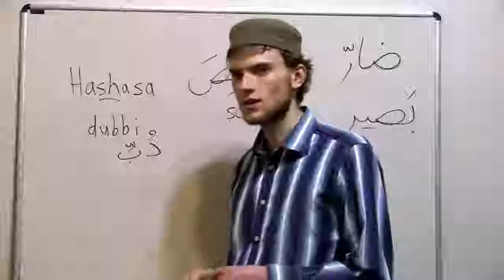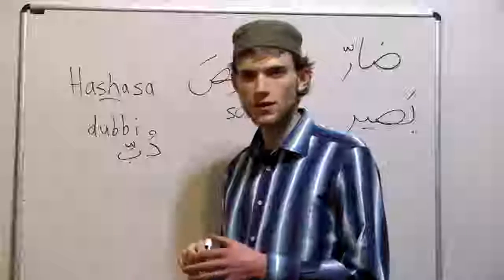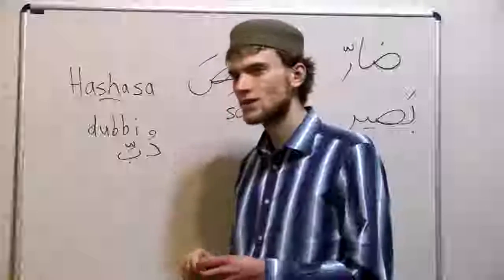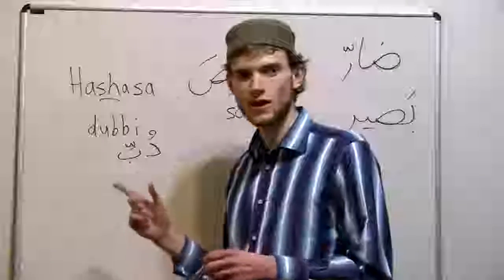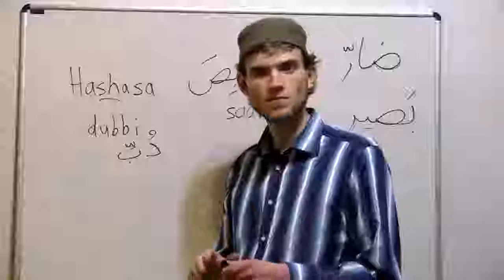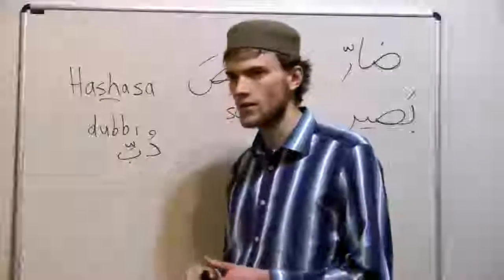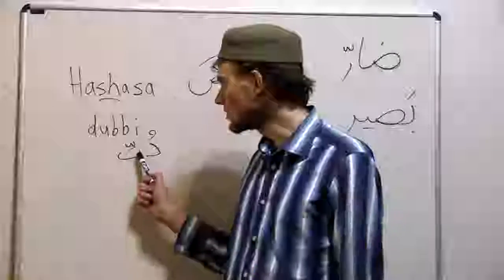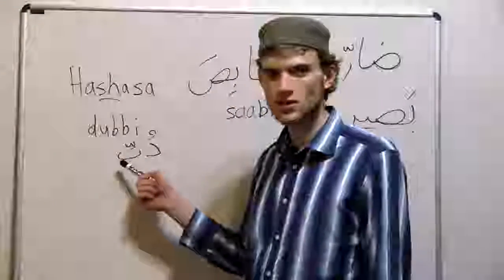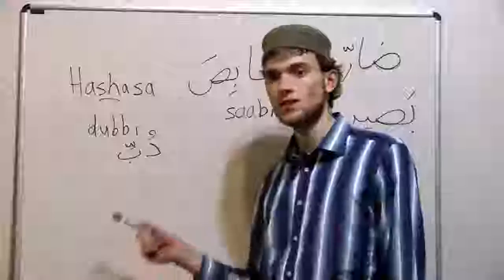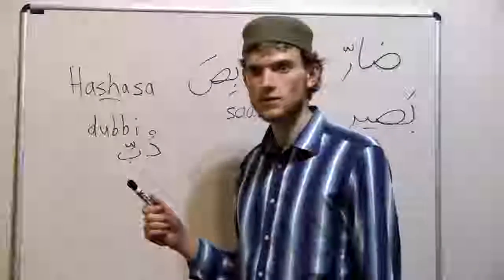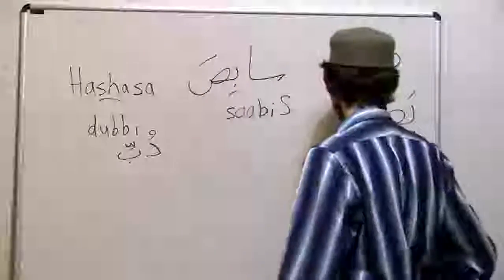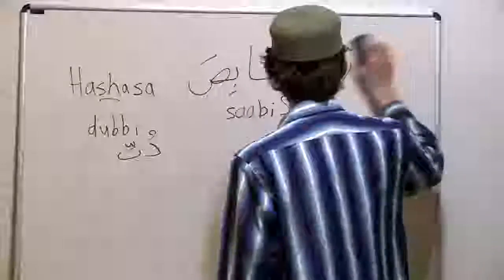Dub is bear in Arabic. So dubbi. I won't go into details of the last short vowel there. But anyway, everyone see that? Important note to make just about shadda. When we have a kasra with shadda, kasra goes under the shadda, but it's above the letter itself. Right. Okay, alhamdulillah.